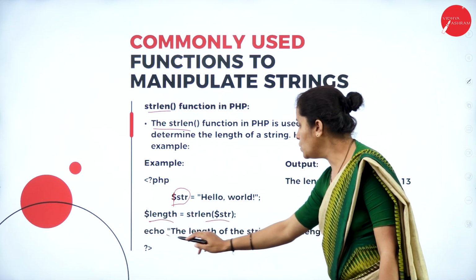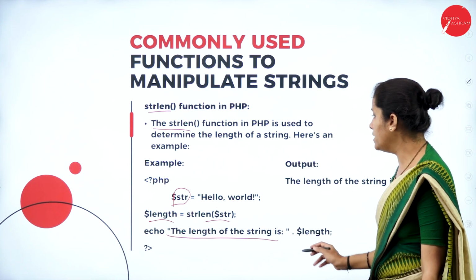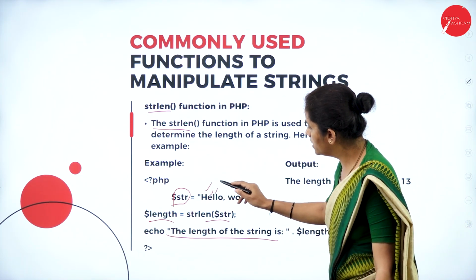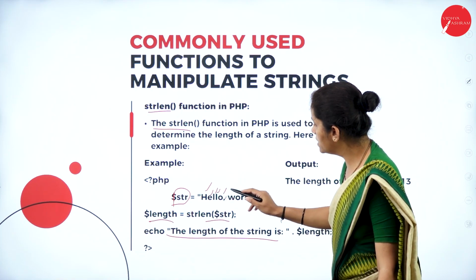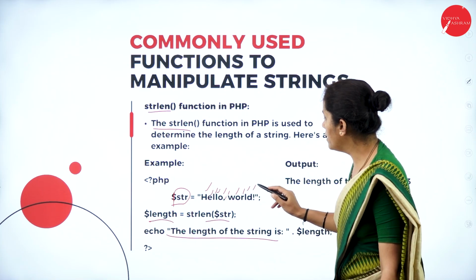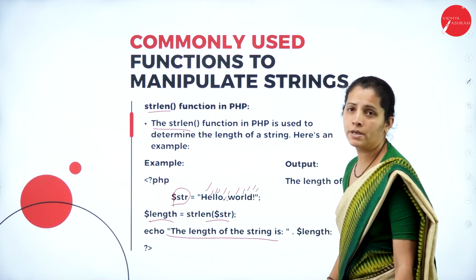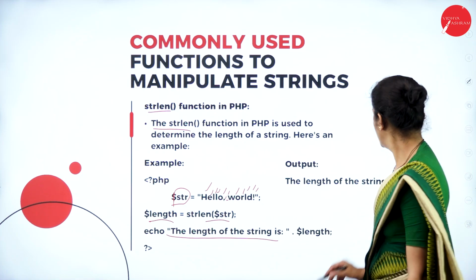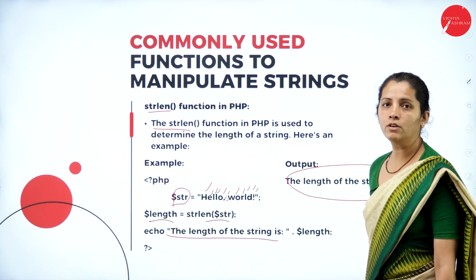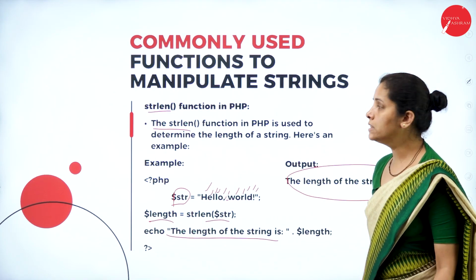Now I want to know the length of the string. You count 1, 2, 3, 4, 5, 6, 7, 8, 9, 10, 11, 12, and this white space is 13. So the length of the string is 13.